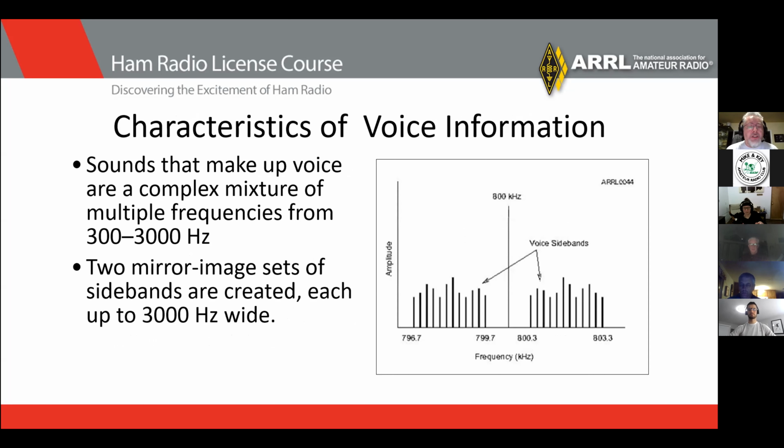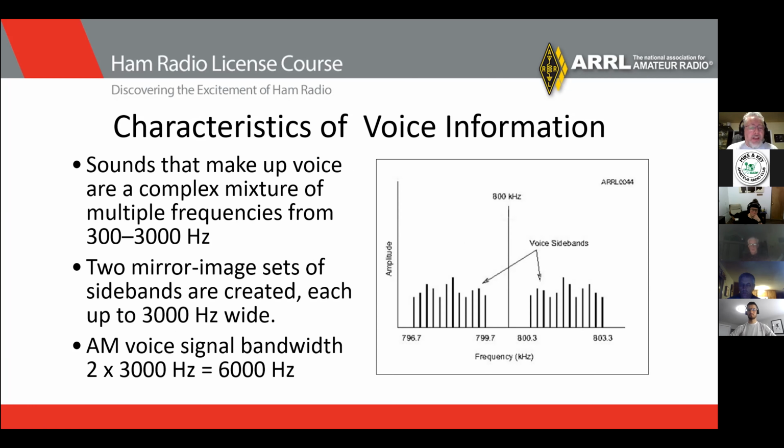Two mirror image sets of sidebands are created, each up to 3000 Hz wide. So here you have the carrier at 800, here you have the upper sideband of voice, and here's the lower sideband of voice. The AM voice signal bandwidth is 2 times 3000, or 6000 Hertz from here to here.